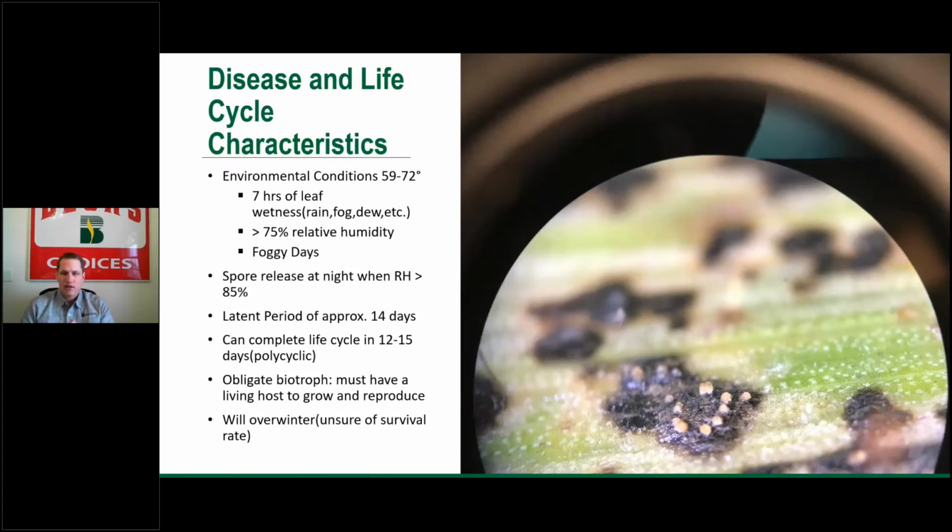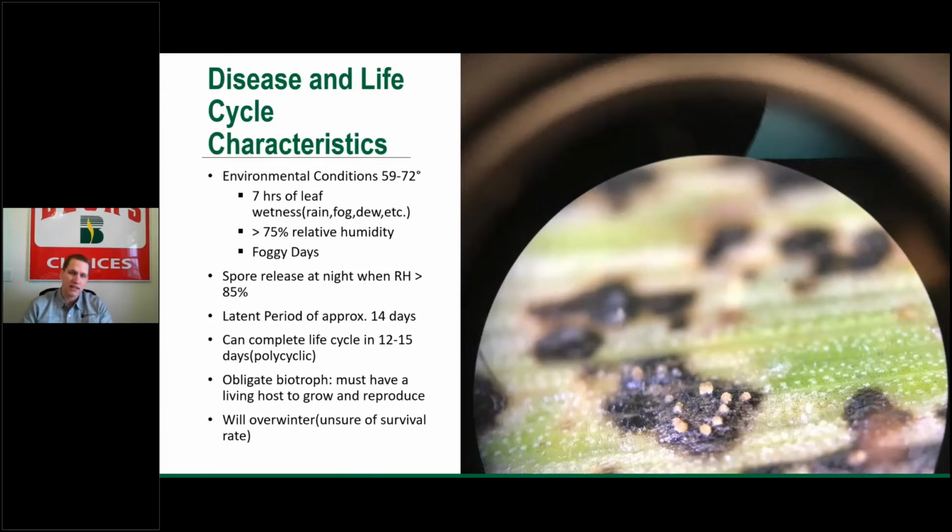Environmental conditions between 59 and 72 degrees is when it likes to infect. We have seen over the past year or so that temperature range may be expanded. A lot of times I'll get questions, well, it's 85, 90 degrees during the day, and we're still seeing this disease thrive and flourish.